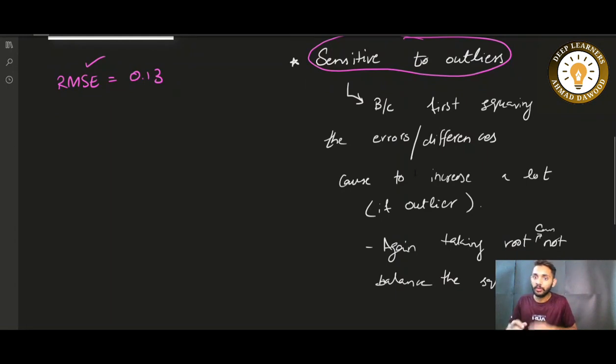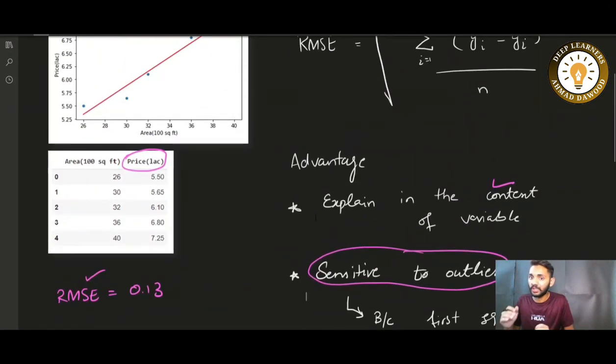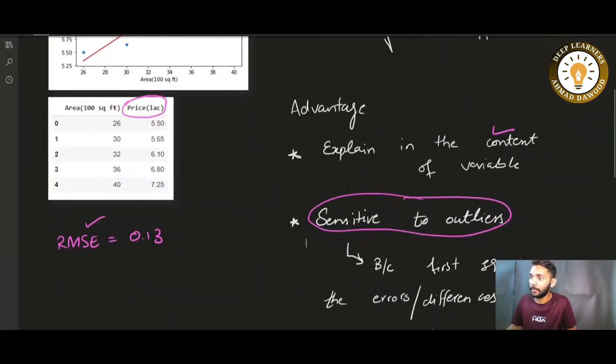First you have squared your differences, which increases your error a lot, so you can say it penalizes your outliers. So the same disadvantage: it is sensitive to outliers. Here I can say this is a disadvantage.